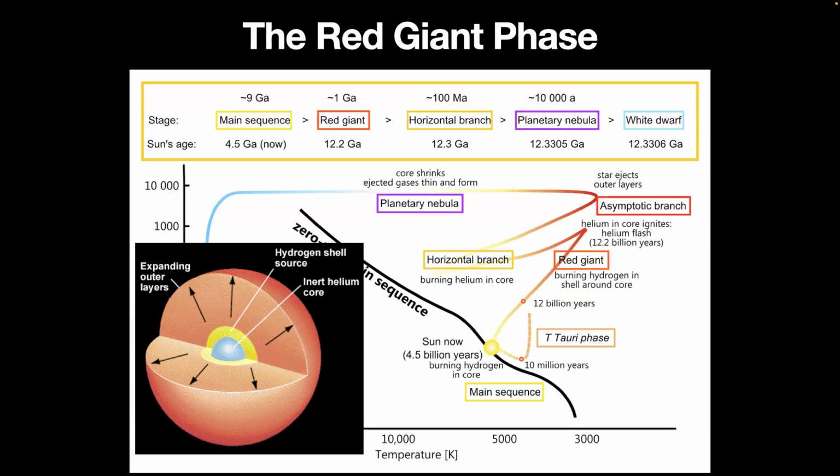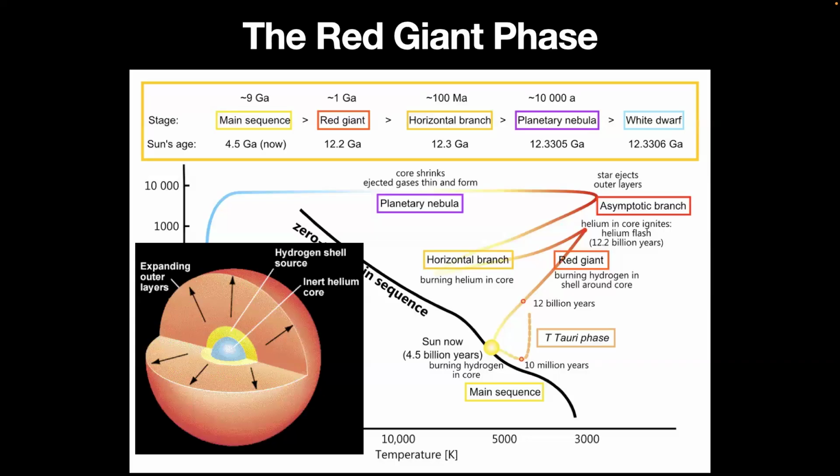As the outer layers of the star expand outward, they cool down, making the surface temperature of the star lower and appear red. So the star expands by a lot. The final radius at this stage is 10 to 100 times what it was as a main sequence star, but the surface temperature is about half of what it used to be.